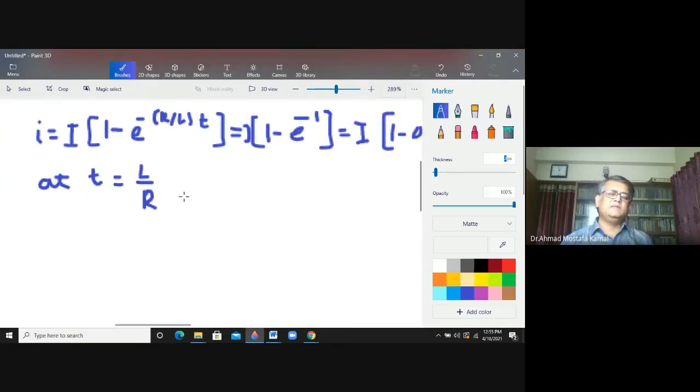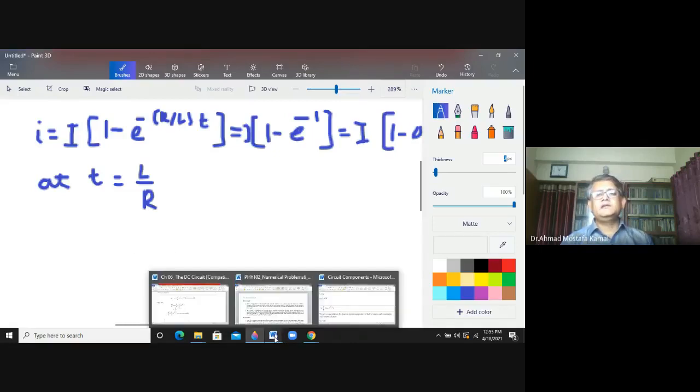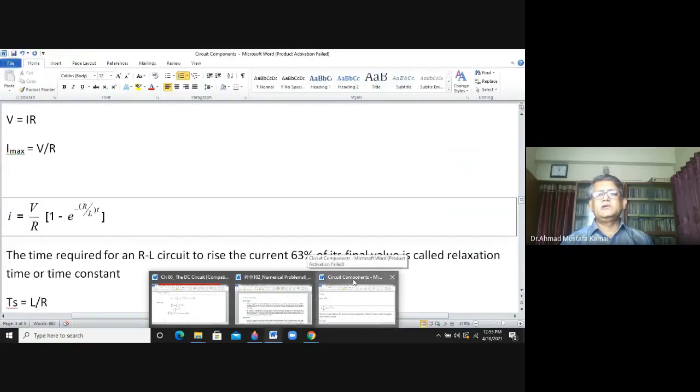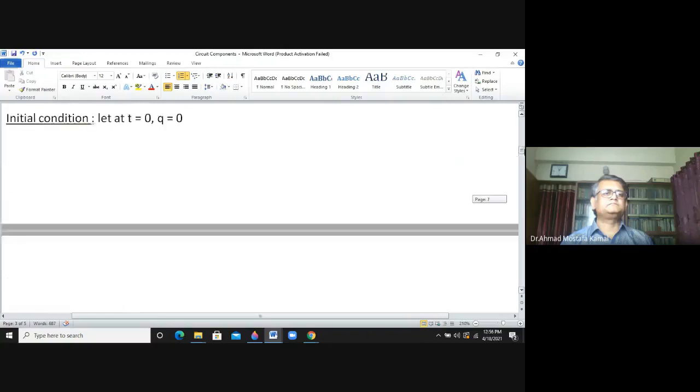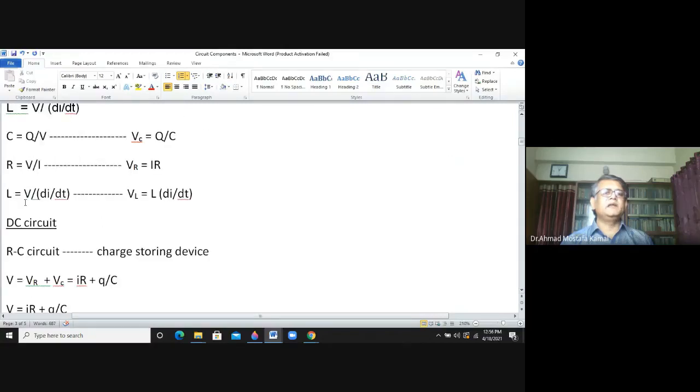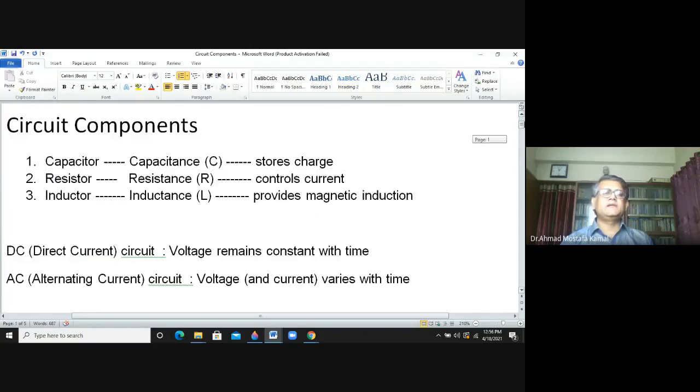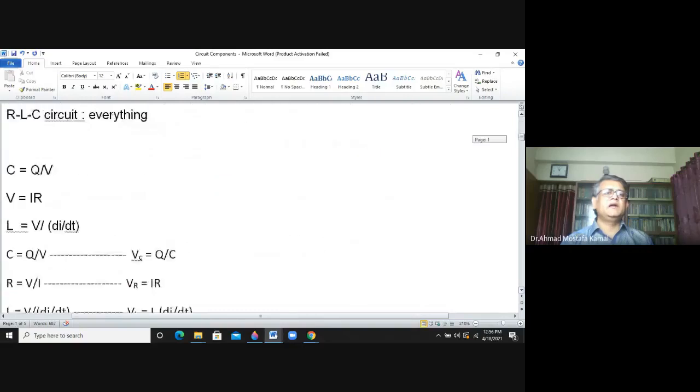Okay, and can you show that L by R is a time? Let us see. What is L? Again, go back to your previous discussion that we define L as equal to V divided by di by dt. When you start this chapter, circuit components, we talked about this issue, and we write C equal to what, R equal to what, L equal to what.